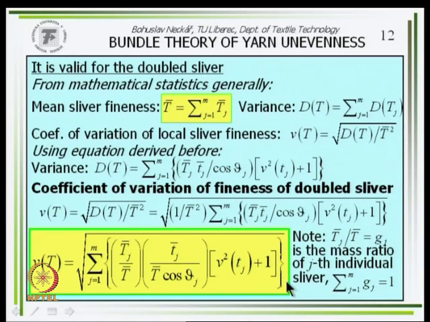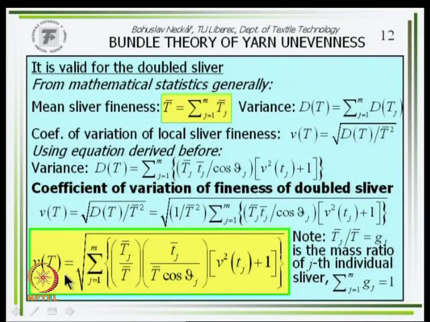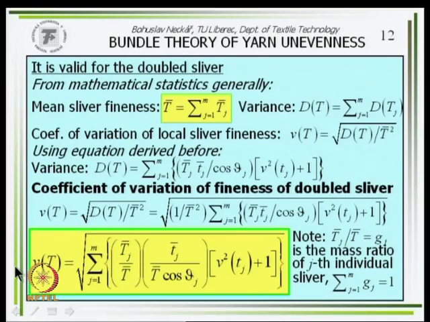The angles theta j play some role, so the orientation of fibers plays some role for the final coefficient of variation Vt. If the distribution of this angle is very significant, then we can see that the coefficient of variation of local sliver fineness is increasing, because in the denominator are these quantities.